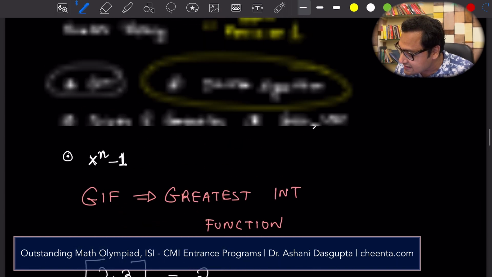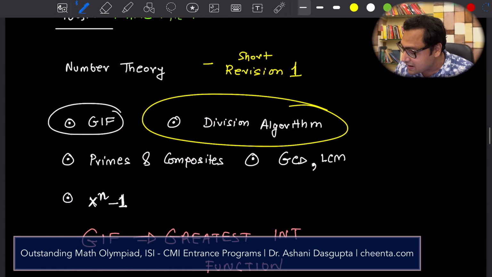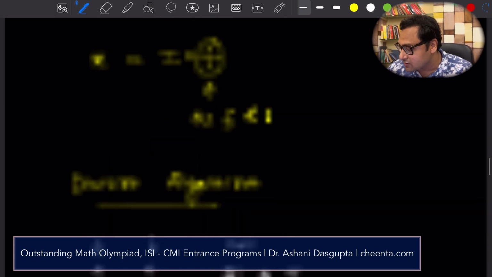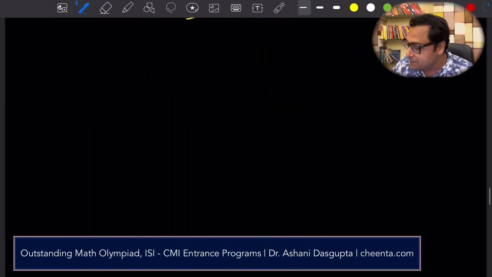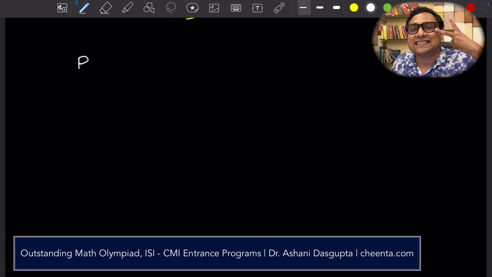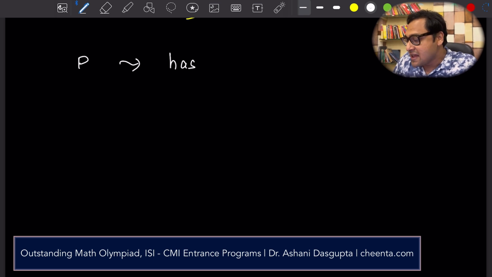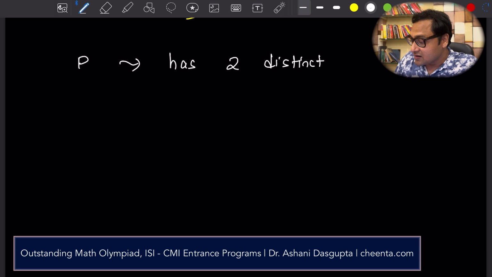The third idea here was primes and composites. Of course, most of you know about primes and composite numbers, but let me quickly redefine it. So, a prime number is a number which has exactly 2 distinct divisors. A number is prime if it has 2 distinct divisors.